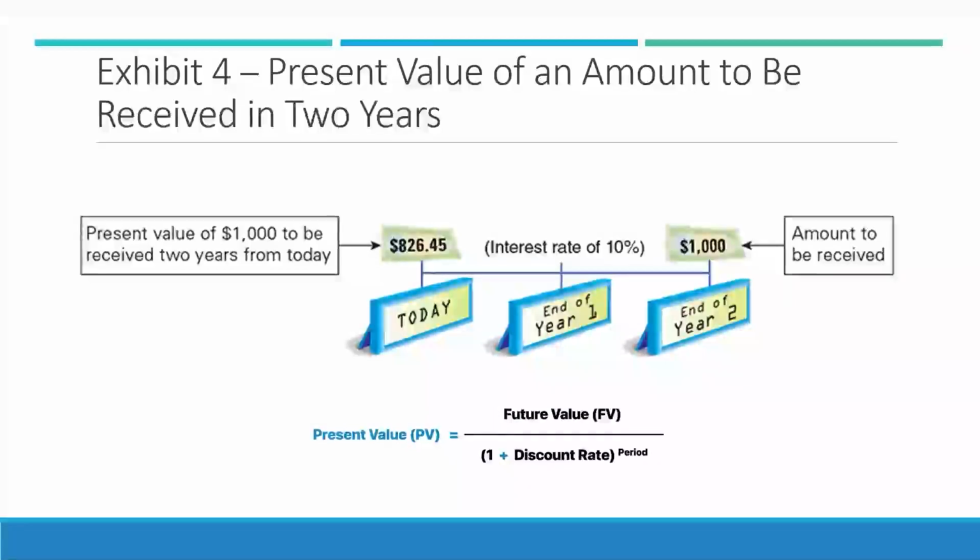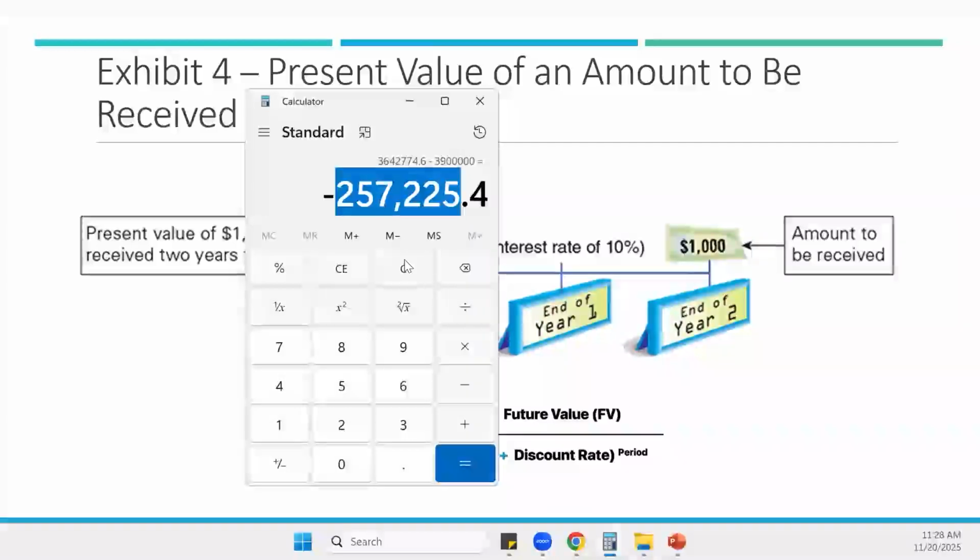And if we're receiving an amount in 2 years, then the exponent goes up by 1. So we have the future value divided by 1 plus 0.1, so 1.1 to the second power, and that is 1.21.